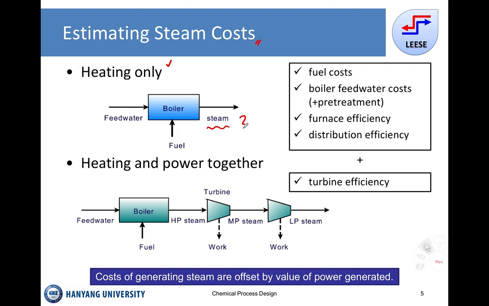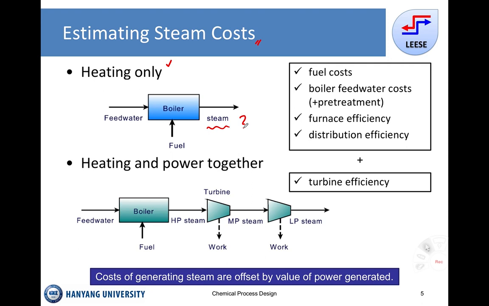First, we need to take into account the cost of purchasing the raw material related to boiler steam production. First we have to buy feed water, so the feed water cost should be involved in the estimation. And the fuel cost: it might be coal, natural gas, or oil.